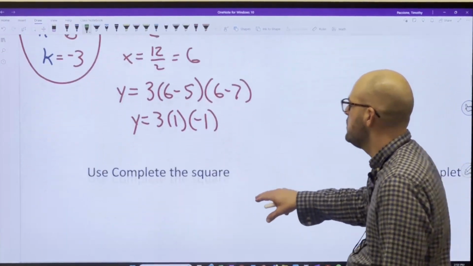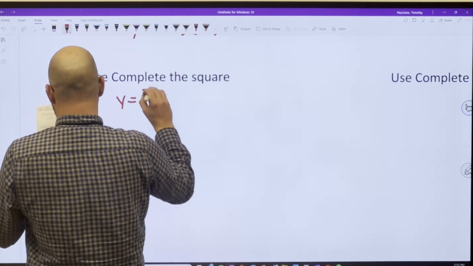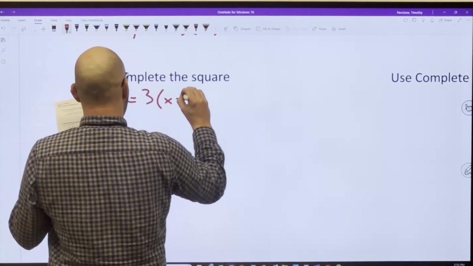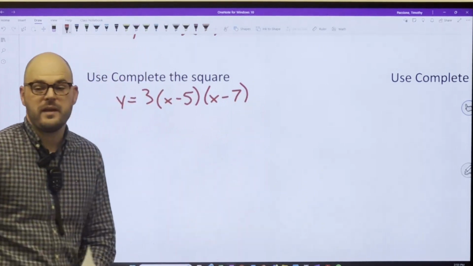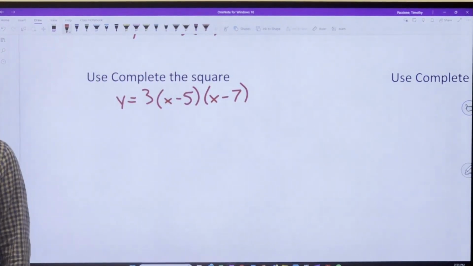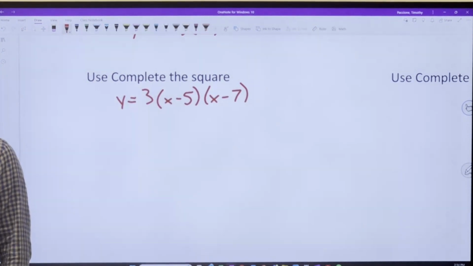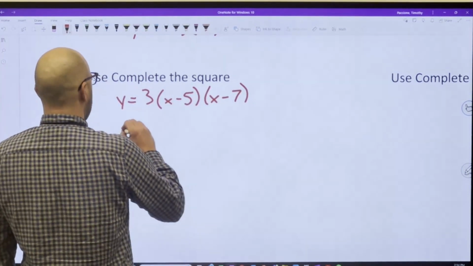So I got y equals 3 times (x minus 5) times (x minus 7). Now I have intercept form and I want to convert it to standard form. What are the rules? What are the steps? Intercept to standard. We all have them. Box or foil? Foil or box first, and then distribute.